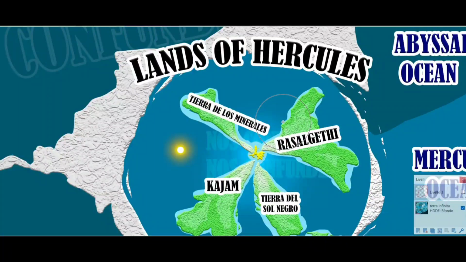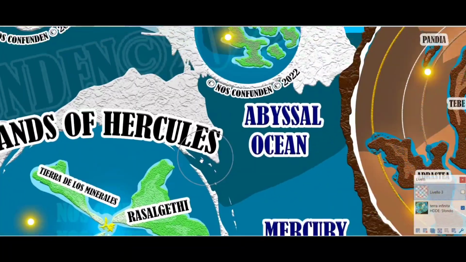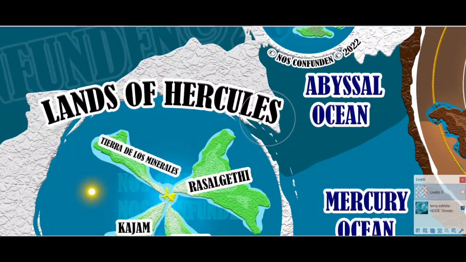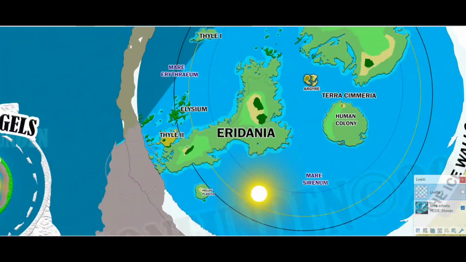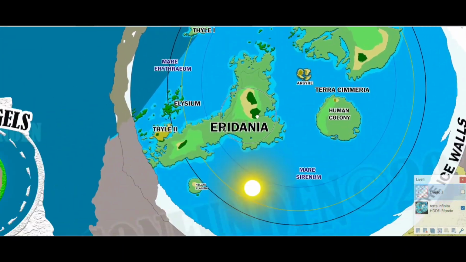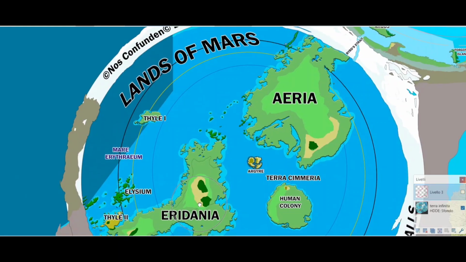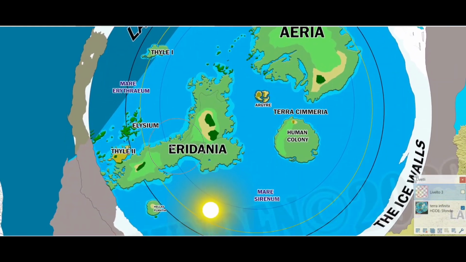So in this map, the map of the Terra Infinita, it shows the Tierra de los Minerales, so the underworld, as a part of the lands of Hercules. And this is in fact important because you can see that in the other plane of existence, the lands of Mars, which is literally Mars in this map, we can see Elysium.